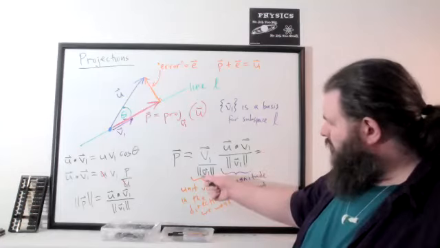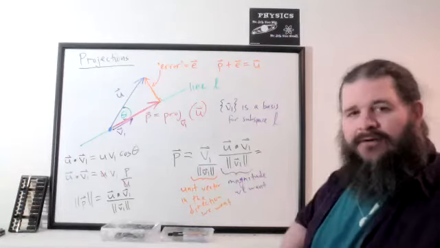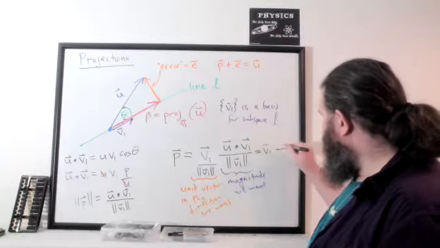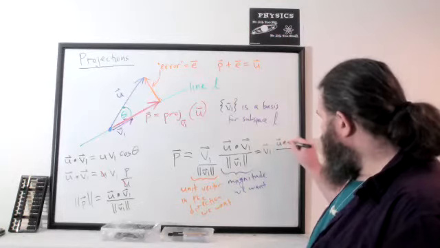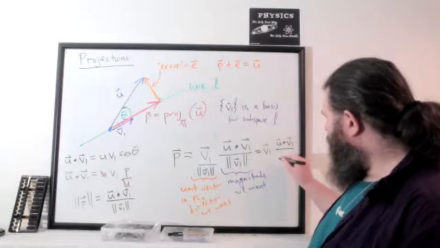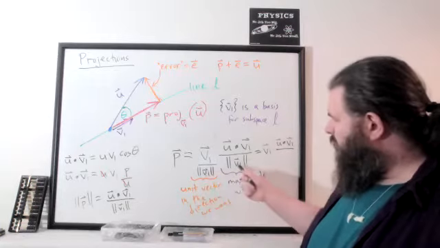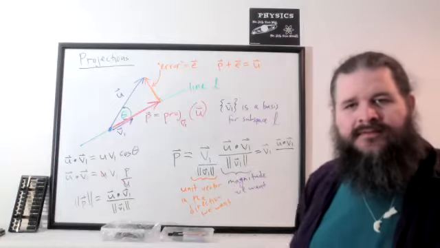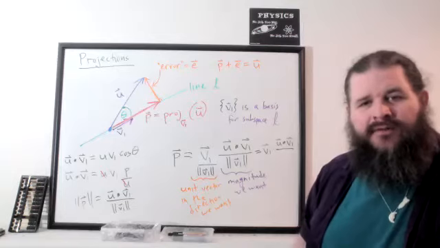If we take this magnitude of V1 and bundle it into the denominator of the other fraction, we get V1 times U dot V1 divided by magnitude times magnitude. But what do we call the magnitude of a vector times itself? How do you usually calculate the magnitude of a vector anyway?